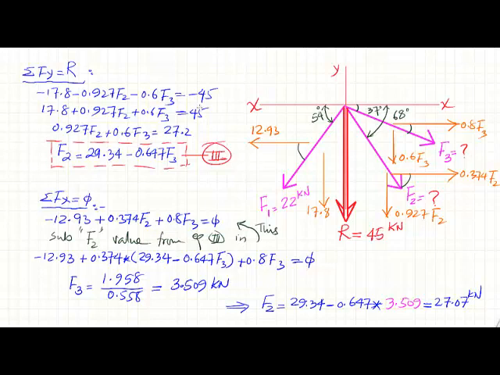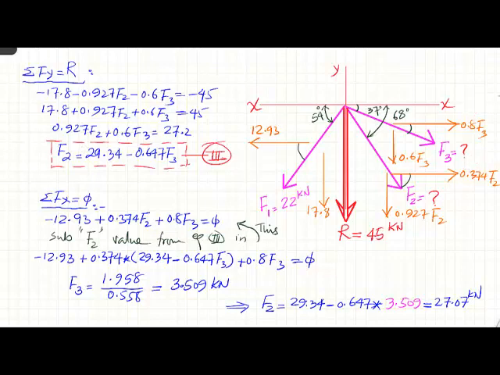I continue the solution because I have two unknowns, this one and this one, so we have to isolate one of them in terms of the other. So we come up with equation number 3. Then we move to sum of all forces in the x direction equal to 0. In this case again it is straightforward. We have this element negative, and the other two elements, this one and this one, are positive.